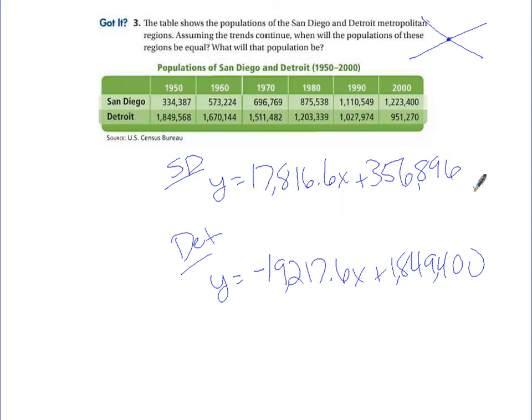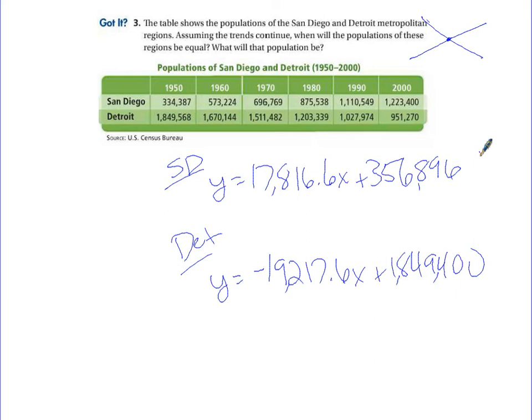What does this number right here tell me? I'm in slope-intercept form. What is this number? It's the y-intercept, so what does that tell me? According to my equation, in the year, what, if I'm talking about the y-intercept?